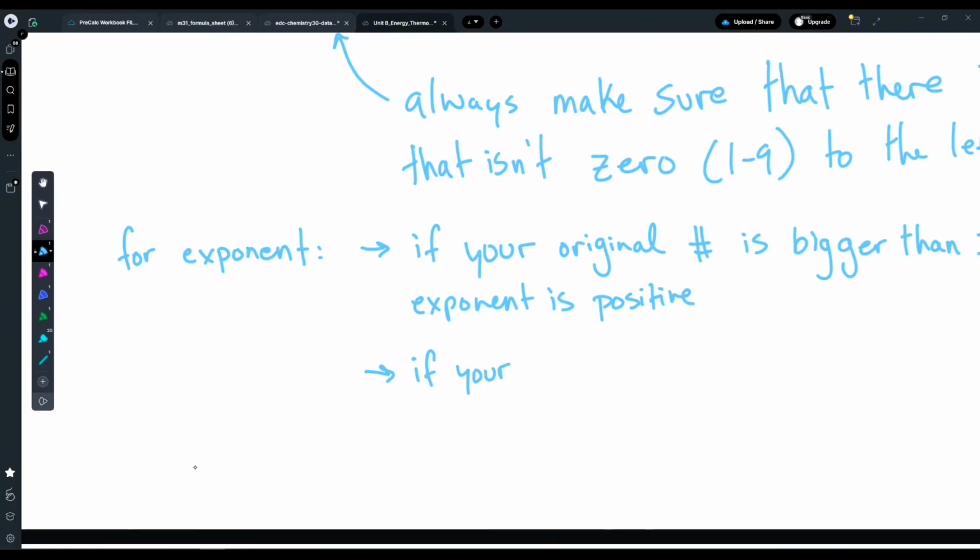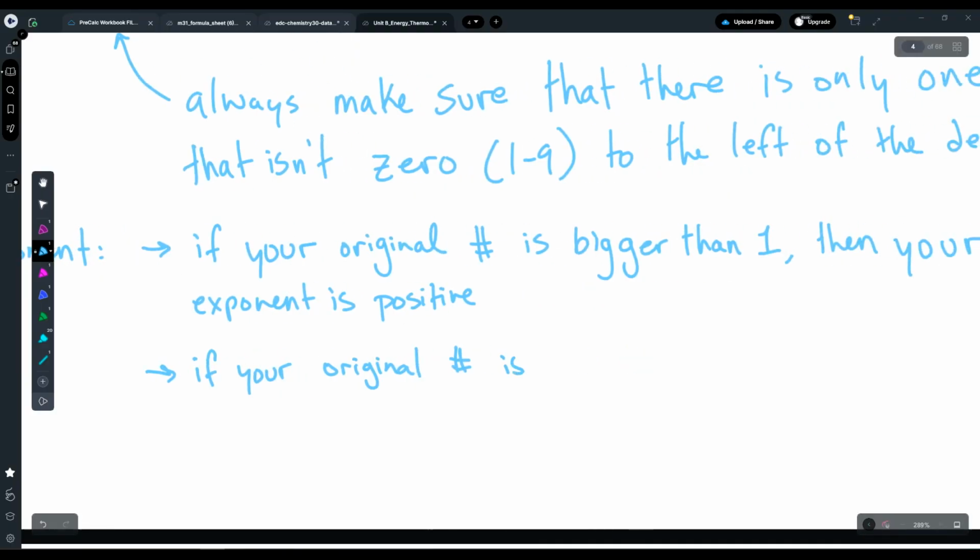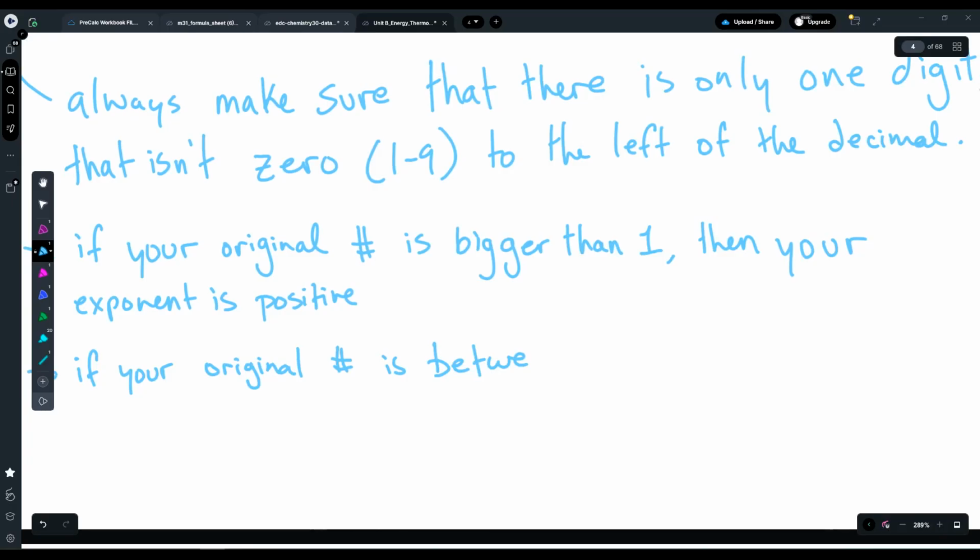If your original number is between 0 and 1, then your exponent is negative. So for example, if your original number is 0.025, then if we were putting that 0.025 into scientific notation, you would have to have your exponent be a negative number.